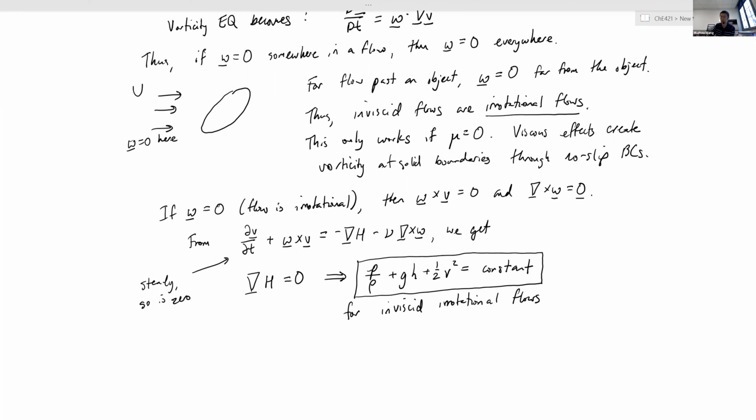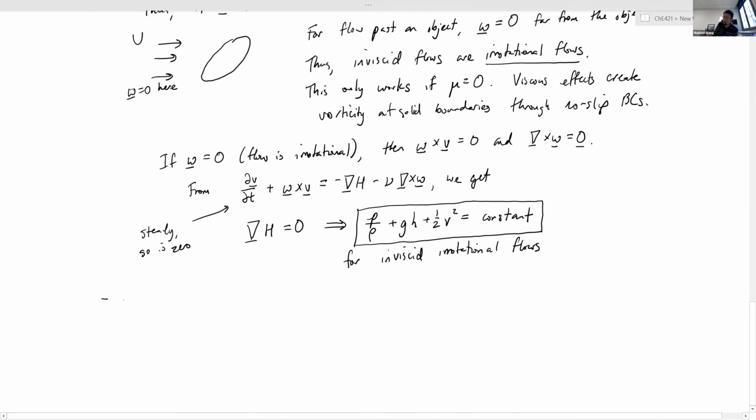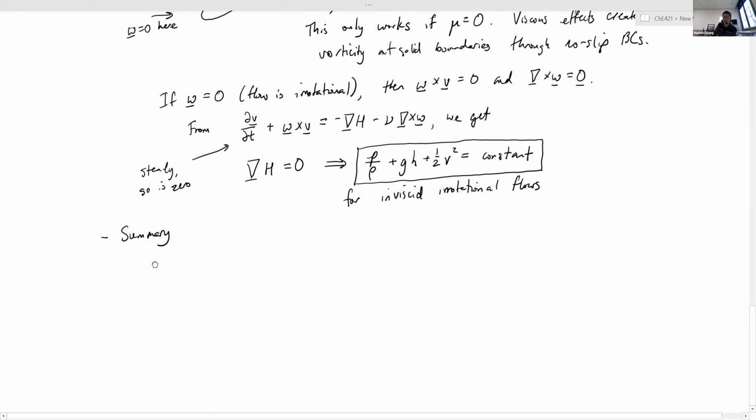So to quickly summarize, what we've done so far is we found that at large Reynolds number, Navier-Stokes can be approximated by neglecting the viscous terms. And we need to do this in a singular perturbation analysis in the bulk solution, right?